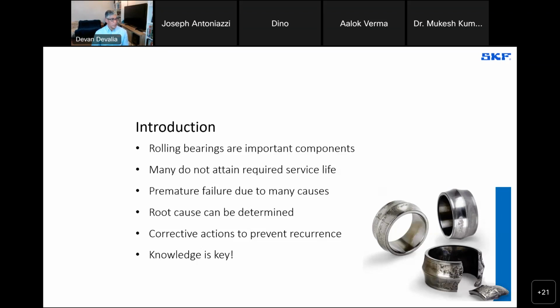So today we're going to get a quick overview of some of the indicators that signal possible issues with rolling bearings in operation. We'll identify and classify observed bearing damage, and we'll see how each failure mode actually connects directly to a specific corrective action.